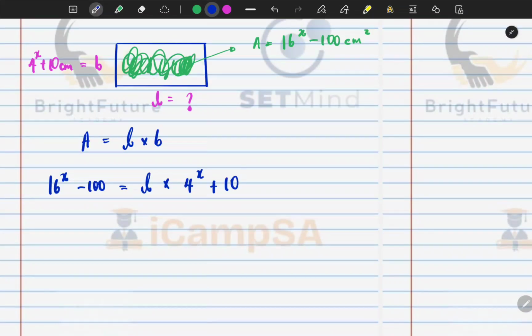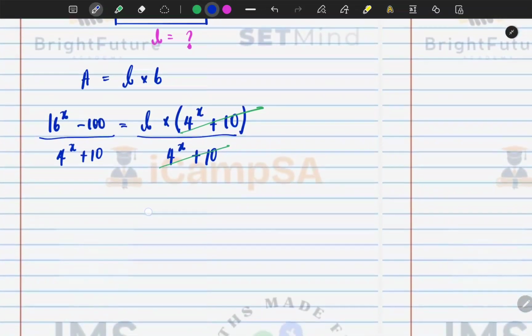So we are going to divide by 4 to the power of x plus 10. What we do on the left, we do on the right. So this and that will cancel out, and then we'll be left with length.